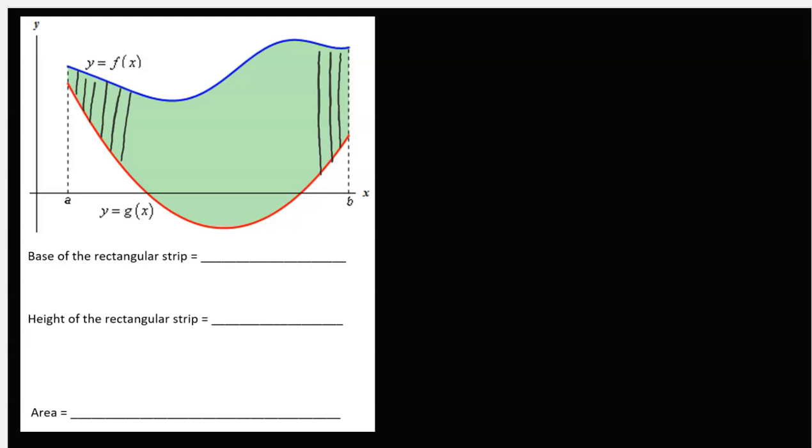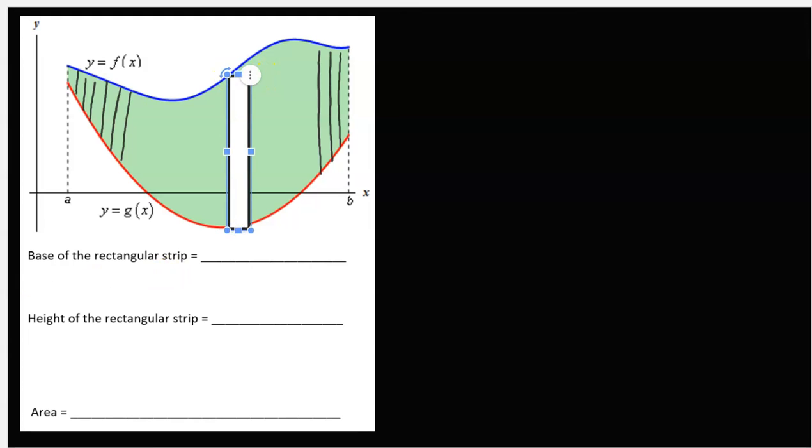Now, what I'm gonna do is blow up one of those rectangles that is in here, so we can have a larger picture to take a look at. Suppose this is the rectangle that we're talking about right here. I blew it up just a little bit so we can see.